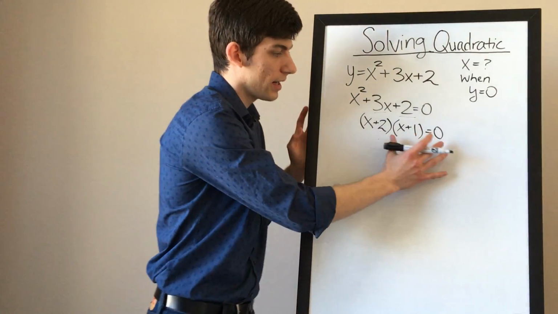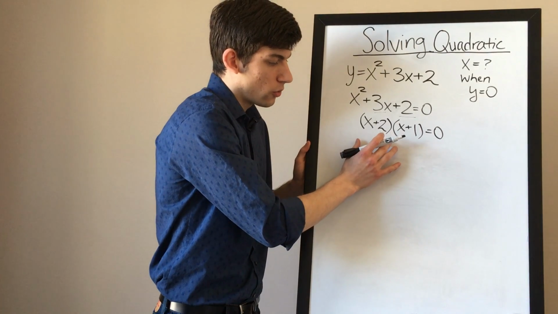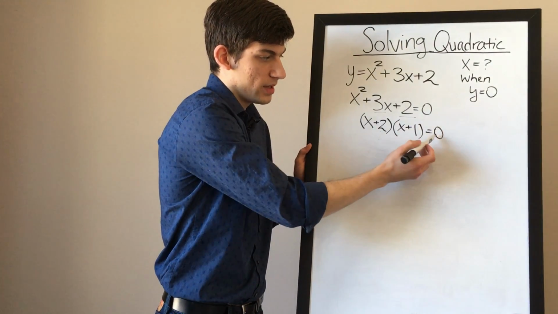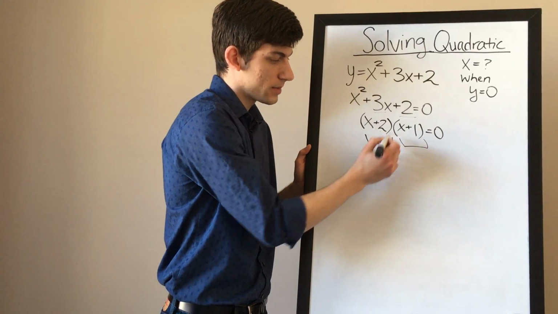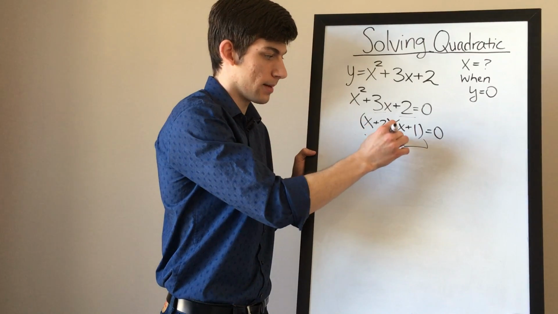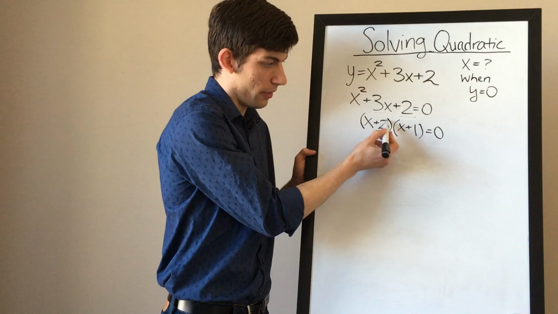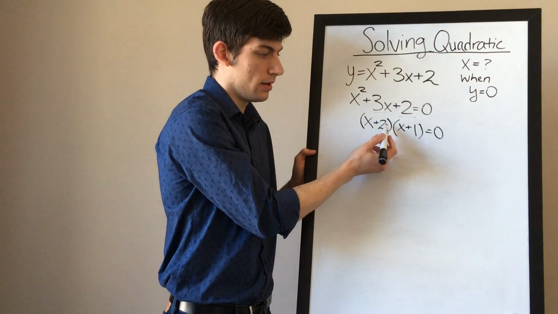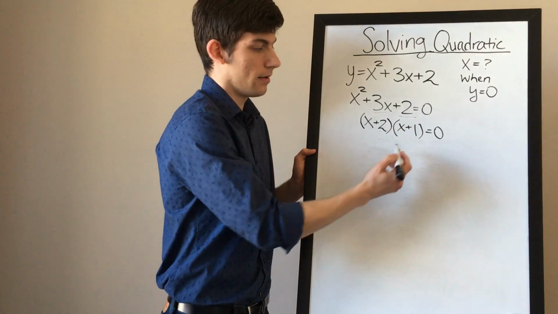How? Well, we're looking at this equation, it's still set equal to 0, right? So the cool part is that if you want this to be 0, you can have either this part or this part equal to 0, and your equation will be true, right? So for example, if we have some x value that made this part 0, it doesn't matter what's over here, it'd be 0 times whatever's over there, which would still be 0.